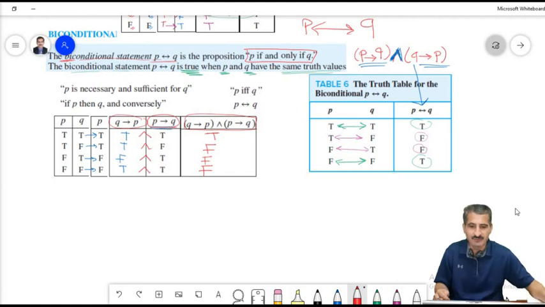And if you notice, this is true, false, false, true, and it is the same in here, while we have the truth values of P and Q listed in the same order.